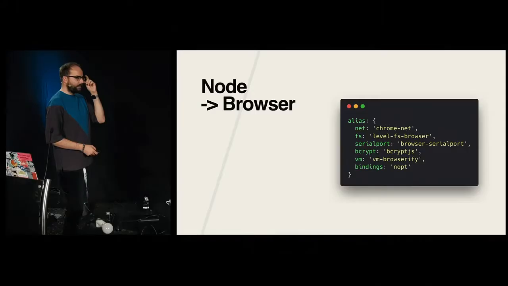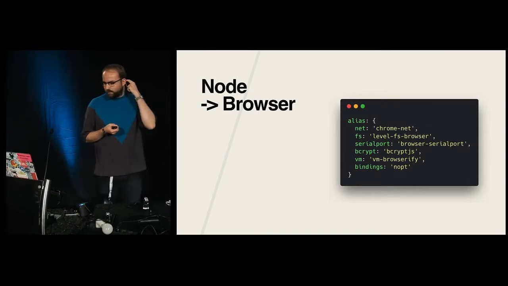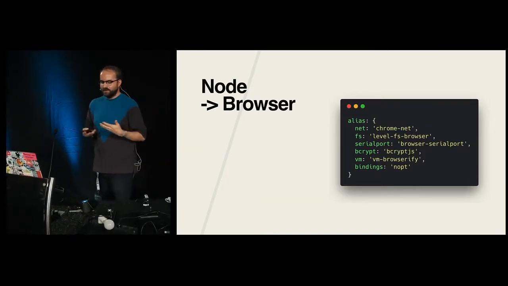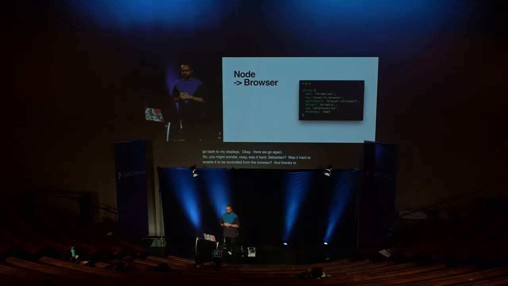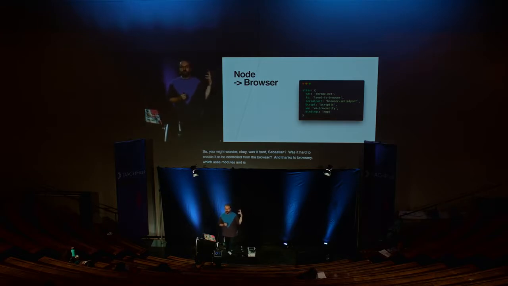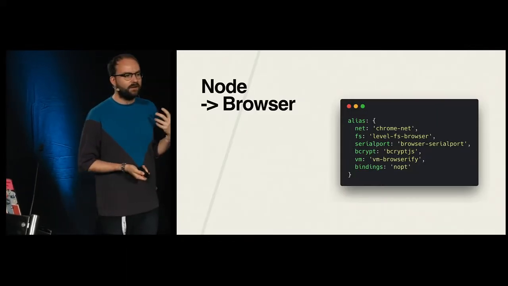So, you might wonder, okay, was it hard, Sebastian? Was it hard to enable the Arduino to be controlled from the browser? Thanks to Browserify, which uses Node modules and is able to swap out some Node.js-only modules for browser counterparts, it was actually not that hard at all.